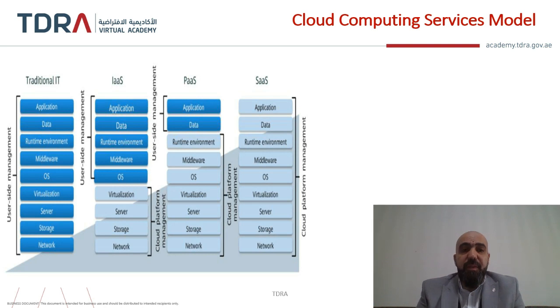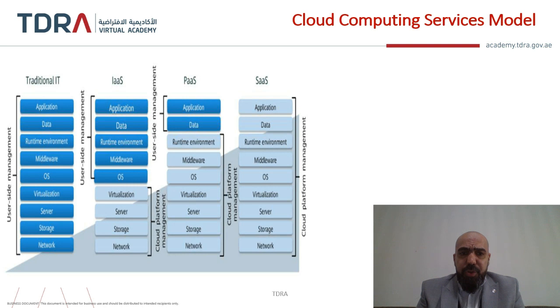So, in the first type, infrastructure as a service, in the first portion, the network, storage, server, and virtualization, the cloud provider will take care of the management of them. You, as a network engineer, don't care about the servers, you don't care about where they are located. They are down, they are up.